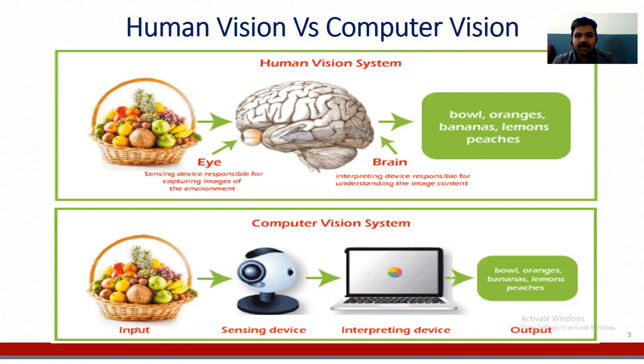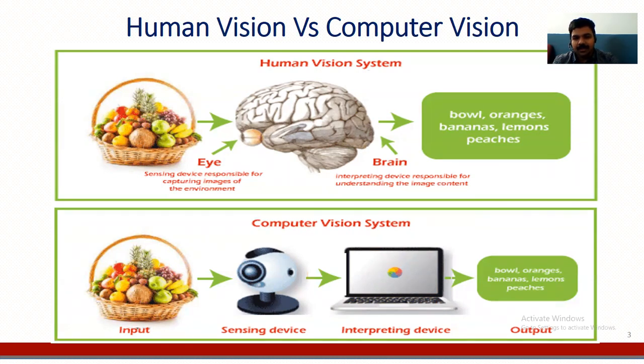So the computer normally cannot identify any objects until we train the computer or the machine. What we have to do is label the objects. We can take a number of objects and label them, and we will train the machine to understand what object it is.